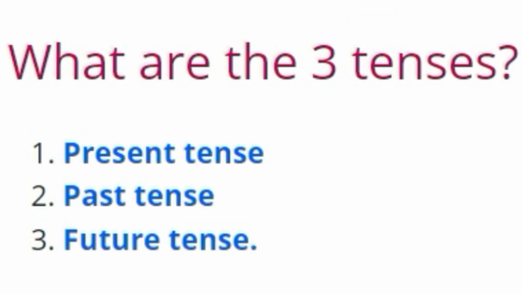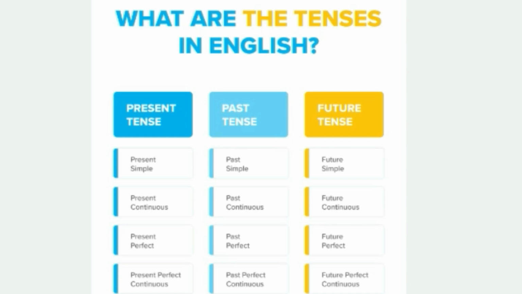Let's jump in. Great. So there are 3 tenses: present tense, past tense, and future tense. However, all these 3 tenses are divided into 4 categories. What are all the tenses? Present simple tense, present continuous tense, present perfect tense, present perfect continuous tense.